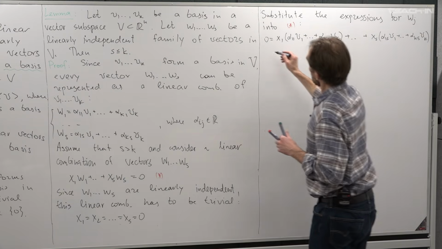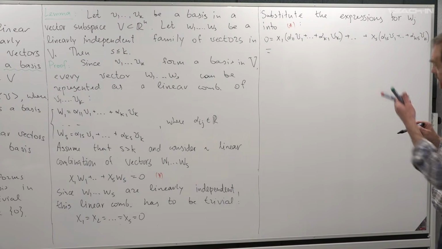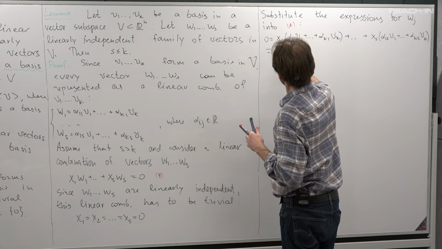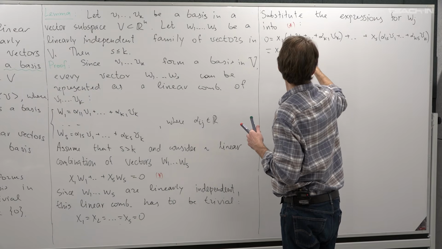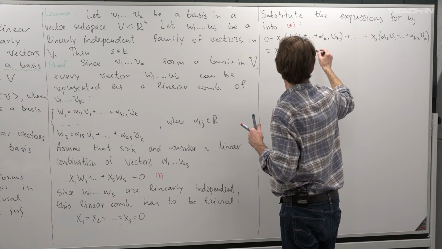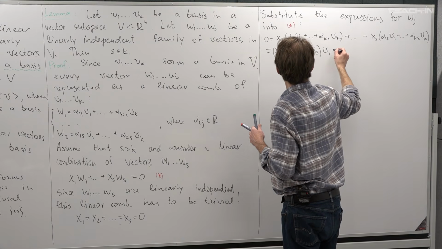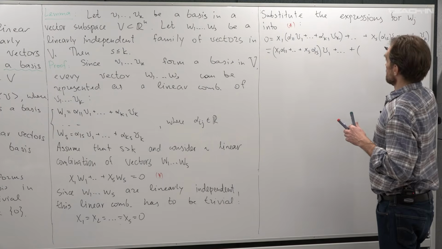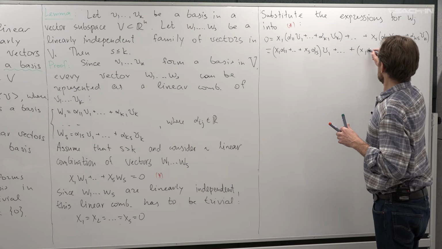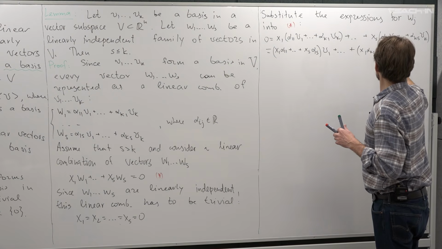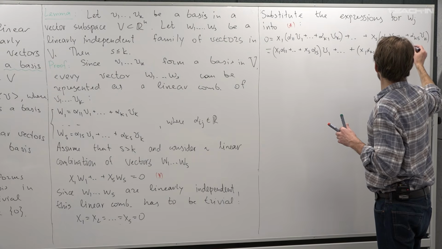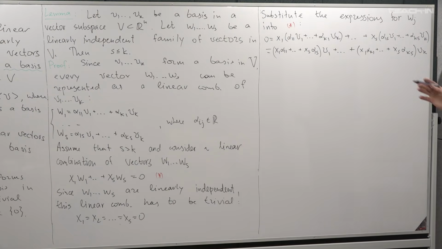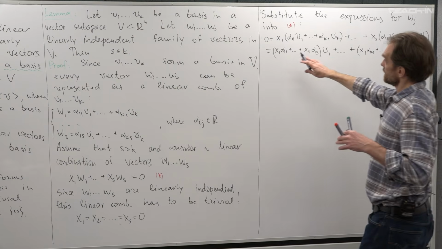And now I'm going to rewrite this as a linear combination of vectors v1, etc., vk. So I'm going to get x1 times alpha 1 1 plus etc. plus xs times alpha sub 1s, multiplied by v1, plus etc., plus some coefficient multiplied by vk. This coefficient equals x1 multiplied by alpha sub k1 plus etc. plus xs multiplied by alpha sub ks. So the linear combination of these vectors is 0.